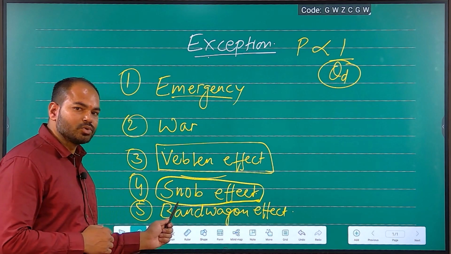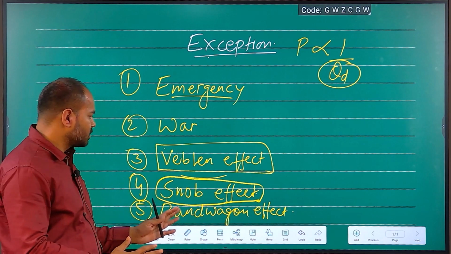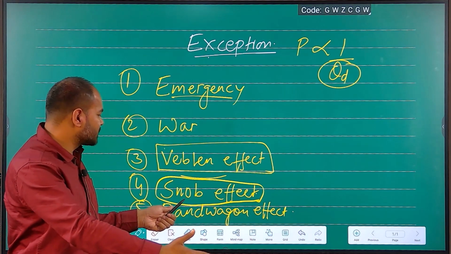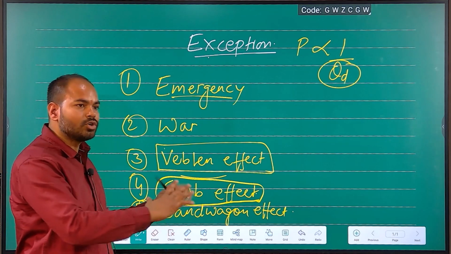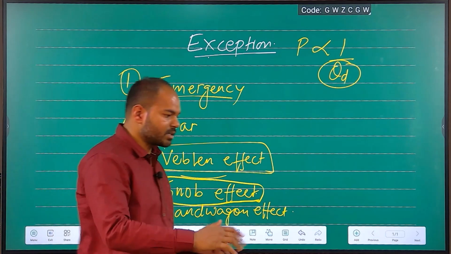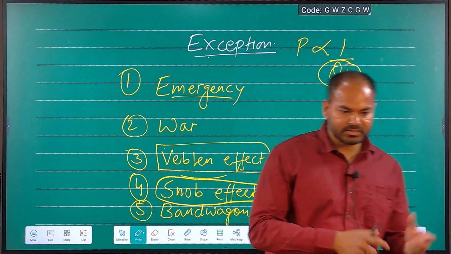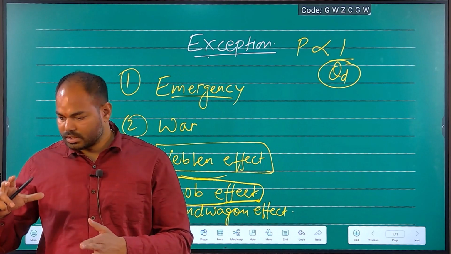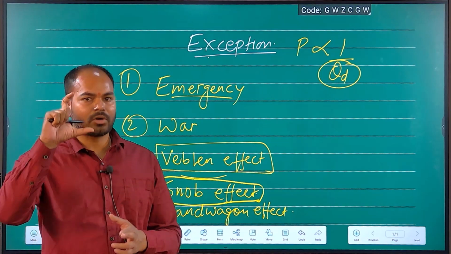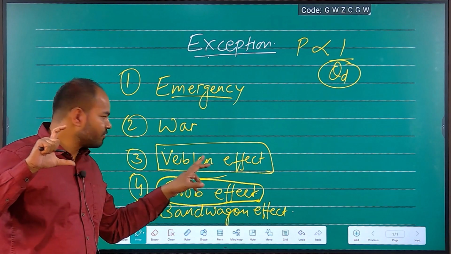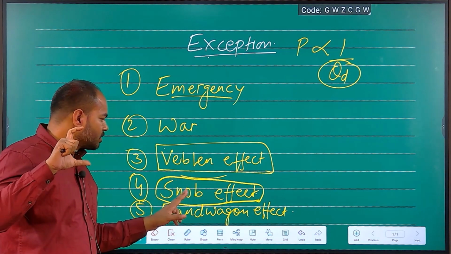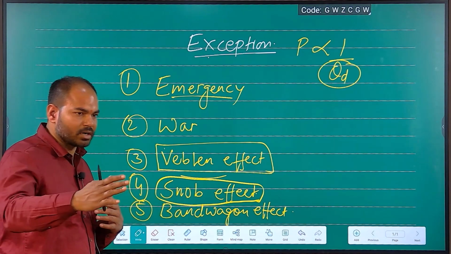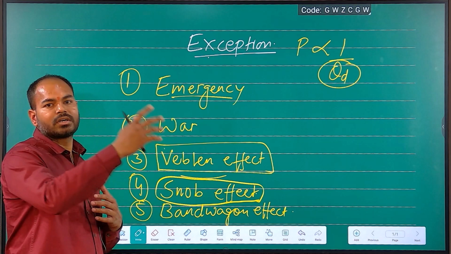When people try to do something very different from everyone, this does not mean that they are seeking precious items, but say they want to differentiate themselves every time. Doesn't matter, say everyone has a mobile phone of Samsung or Realme or other companies, and some people have an Apple phone. So that holder of an Apple phone may be categorized as a Veblen product or Veblen effect. But the snob effect is a person who wants to differentiate from everyone. Doesn't matter whether the price of that product is very high or very low.